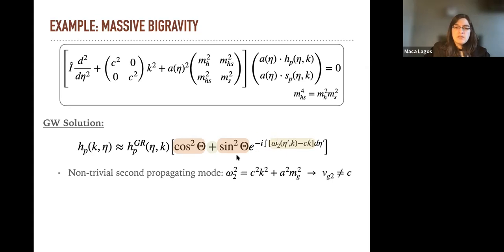But this second propagating mode does have a modified dispersion relation, which is actually given by a massive graviton, which is the same example that I showed you before. And what this means is that this second propagating mode does not propagate at the speed of light. So here we are adding up and making interfere two modes or two-wave packets, sometimes I call them, that have different speeds.